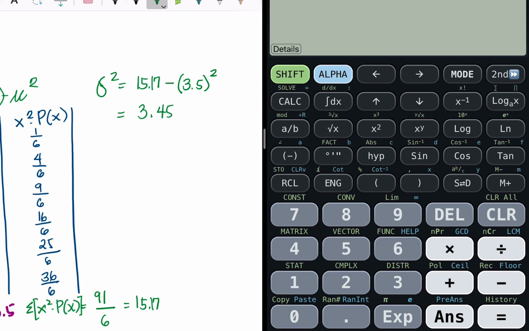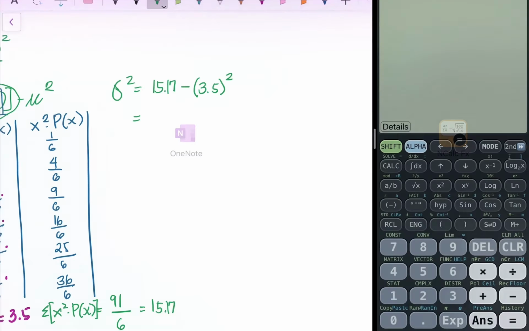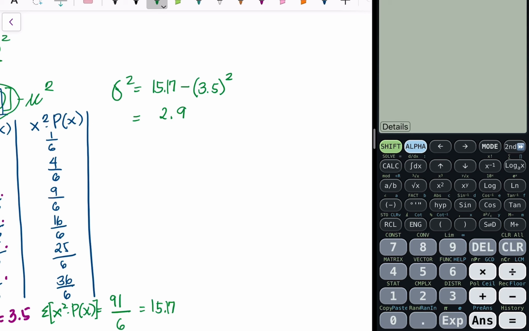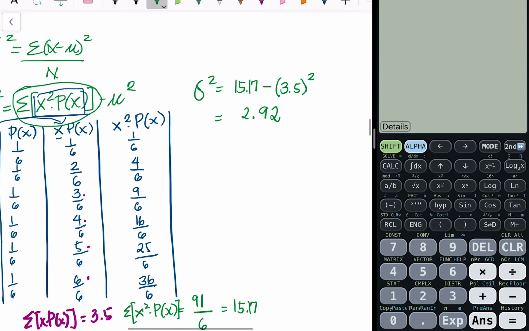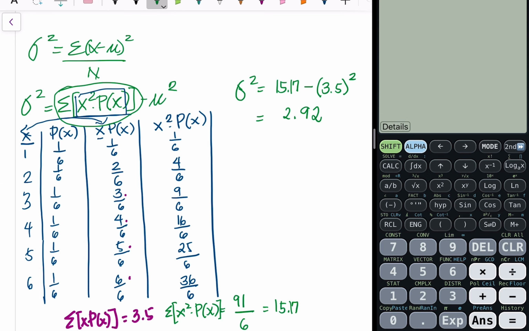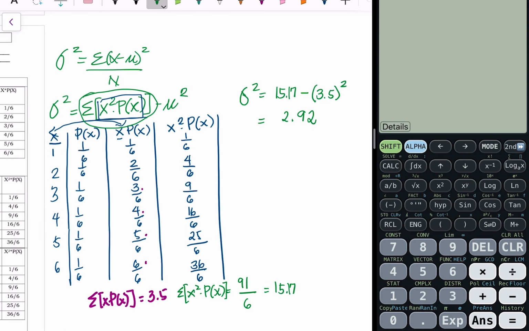So, 15.17 minus the quantity of 3.5 raised to the second power, we will be getting 2.92, not 3.45. So, let's write here 2.92.